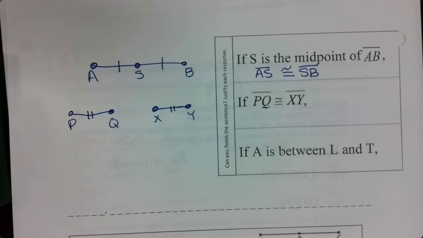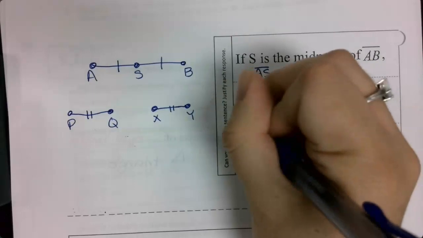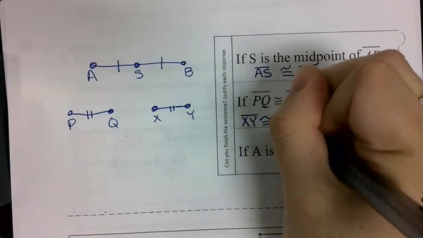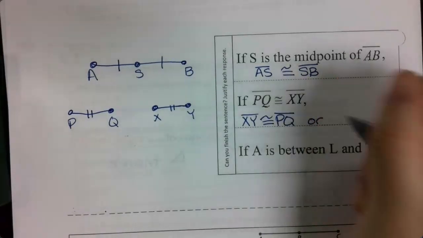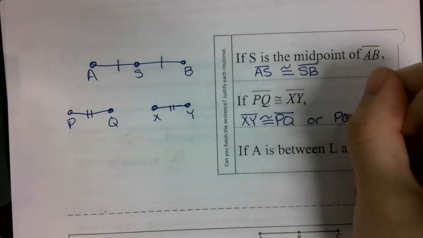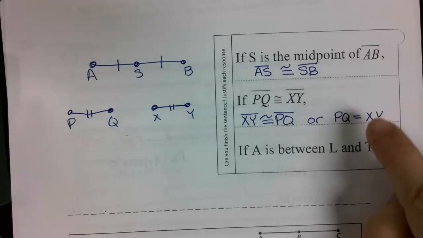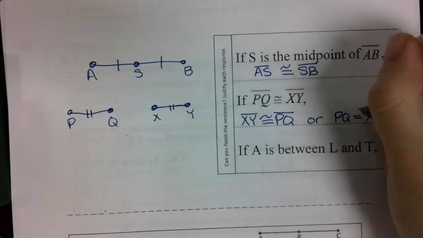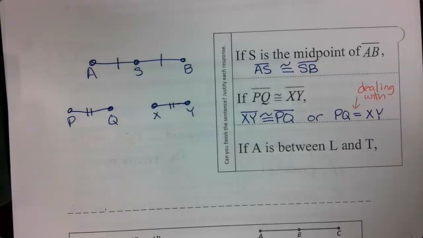I can use the symmetric property to flip it around. So I can have XY would be congruent to PQ. Or I can say PQ without the lines equals XY without the lines. These 2, whenever I have an equal sign, it means I'm dealing with numbers. And you don't write lines above the letters when you're dealing with numbers.